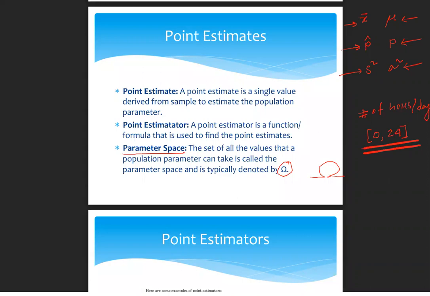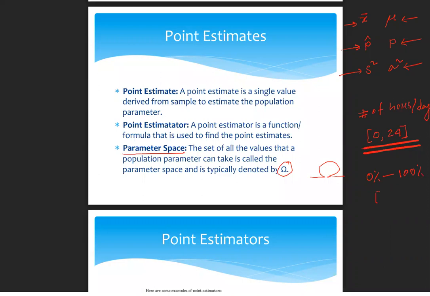Now, you could think of also proportion. Let's say, what percentage of the students at Hartnell go to the gym regularly 3 times a week or more? Okay, what percentage? So you could have as low as 0%, right? Or as high as 100%. It cannot be anything more than that or less than that.